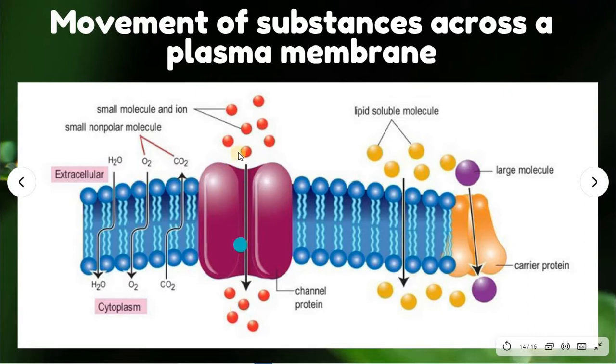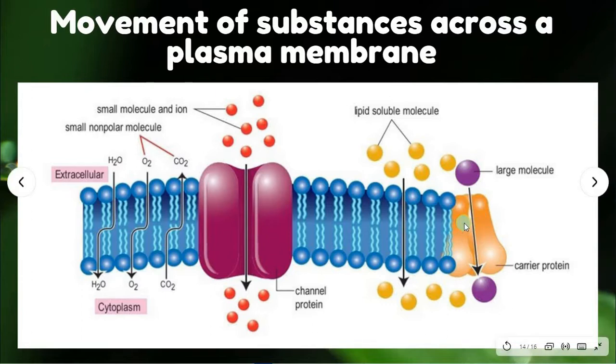So the movement of substances from higher concentration area to lower concentration area with the help of a channel protein or carrier protein is facilitated diffusion. Facilitated diffusion also involves carrier proteins, but make sure you can tell the difference.